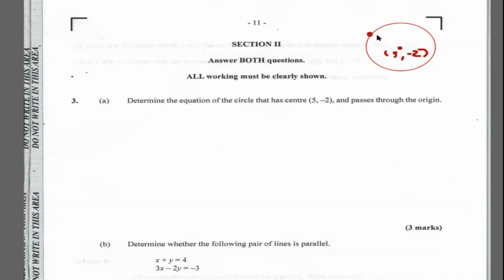This is (0, 0), the origin. That point is (0, 0). And then it asks us to find the equation of this circle.